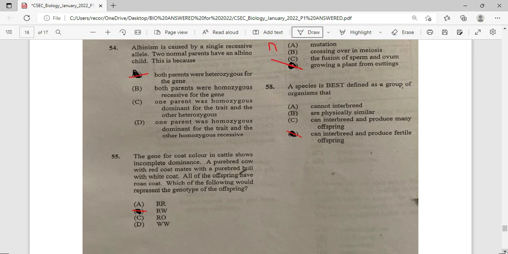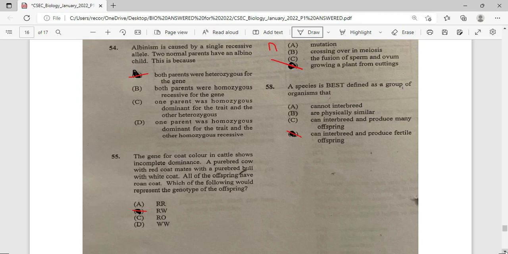I'll explain. Now, the gene for coat color in cattle shows incomplete dominance. So you would have heard about codominance, and I've always said to students, codominance and incomplete dominance, they might look the same way, but they're really different. So we're going to be looking at it here. So a purebred cow with red coat mates with a purebred bull with white coat.